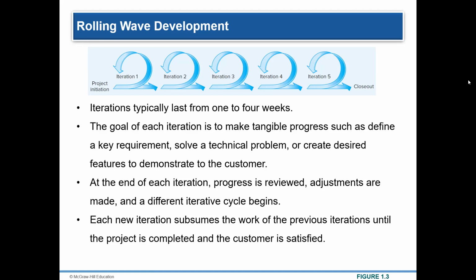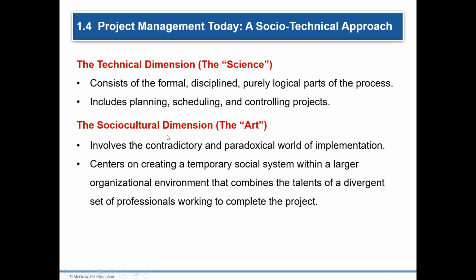Okay. So a lot of times when we look at project management in today's modern day and age, project management is what we call the yin and the yang. Okay. The technical side of the project is called the science. The science consists of what we're learning in class, the formal discipline, the logical part of the process of knowing the project, okay? Because we have the PM book.